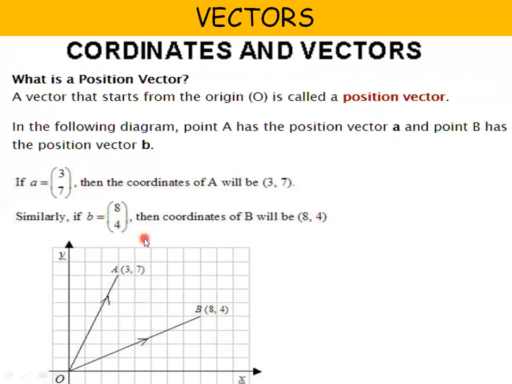You can see it is easy for us to change a coordinate point to a vector. And when we change that to a vector, we will be writing that as a position vector. But we'll go beyond that in this lesson because we'll also have to write things like vector AB. In the case where we have to write vector AB, it's not going to be as straightforward as we have talked about for position vectors.